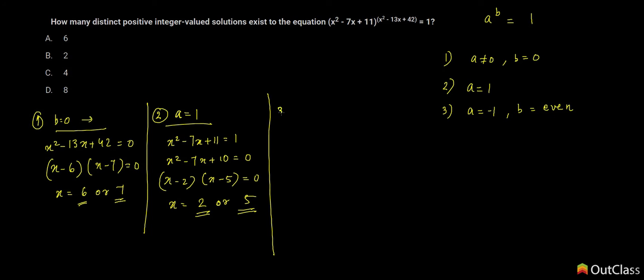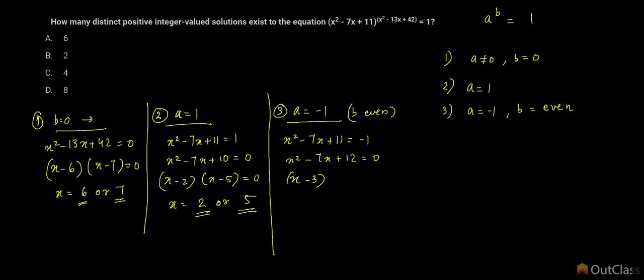Case 3, a equal to minus 1 and b should be even. So then x square minus 7x plus 11 is minus 1, gives you x square minus 7x plus 12 equal to 0, which gives you x minus 3 into x minus 4, which is x is 3 or 4.